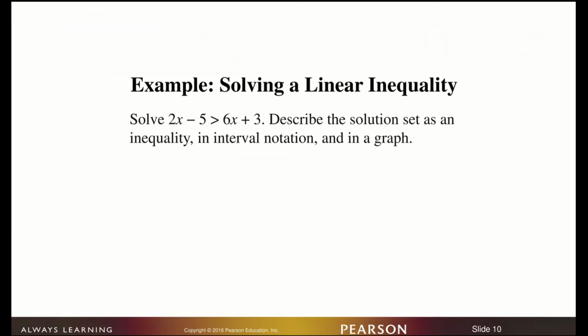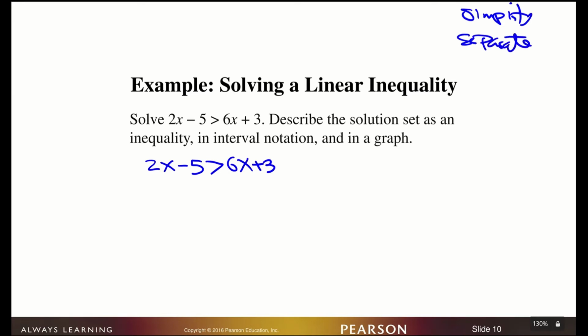All right, so here we're looking at another inequality which we're going to solve. Notice that the same 3 steps are involved. Simplify both sides, then separate the variables from the constants, and then go ahead and solve, right?